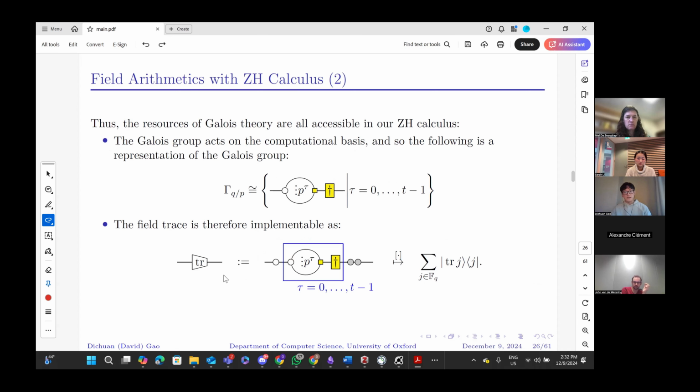And this group figures in our graphical calculus as these maps. Whenever you see a gadget like this, that's just raising something to some power. And therefore, you can implement the field trace as this diagram right here.